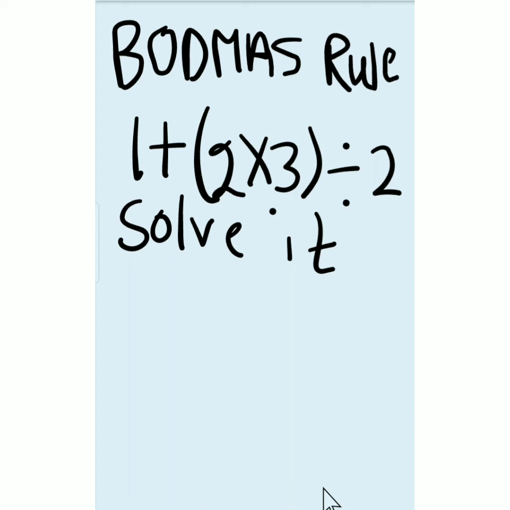So let's start. Here we can see there are three operations: addition, multiplication, and division. By BODMAS, division and multiplication come first, then we add.